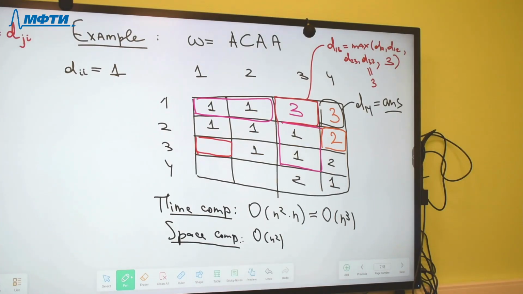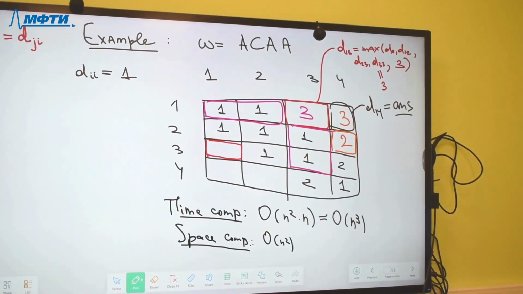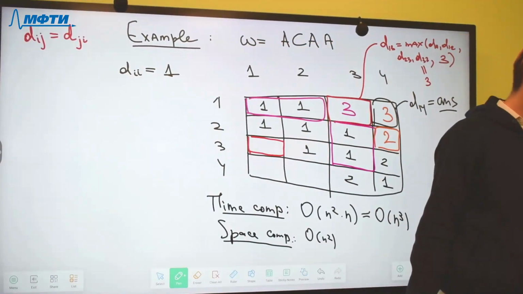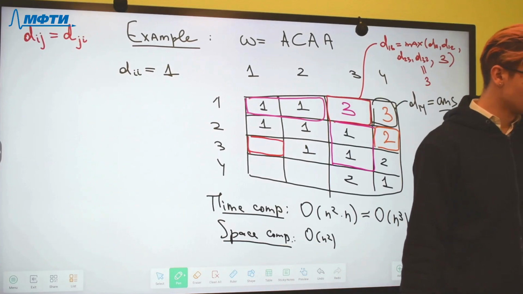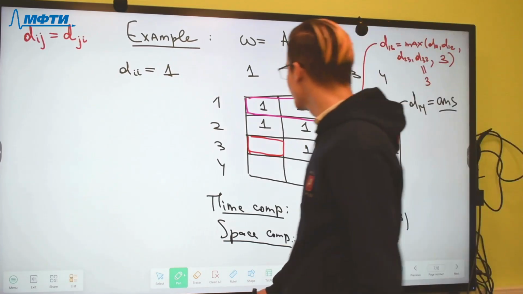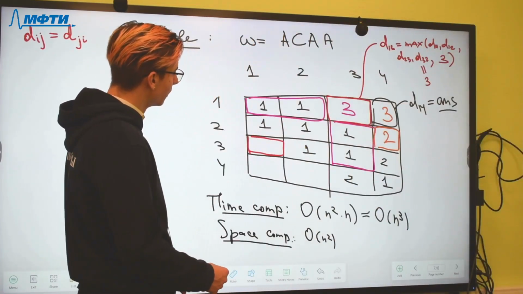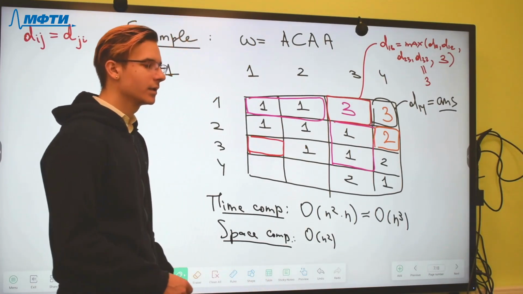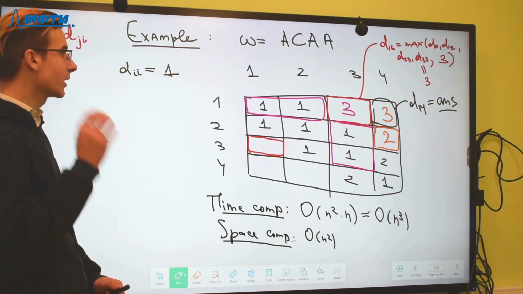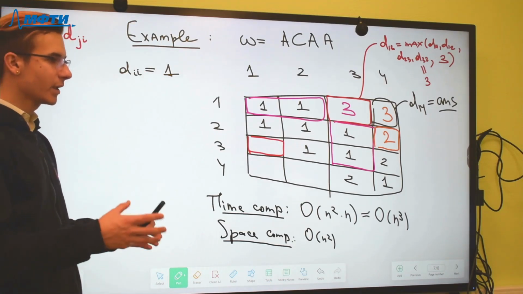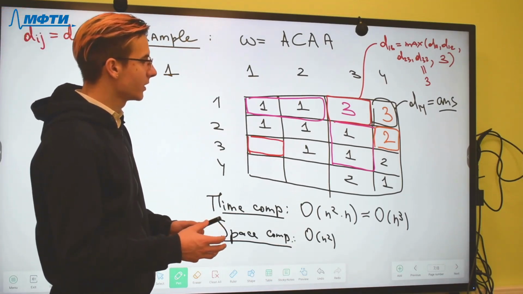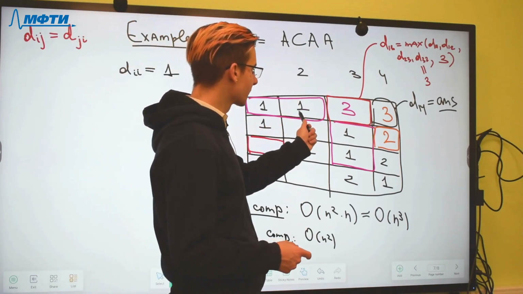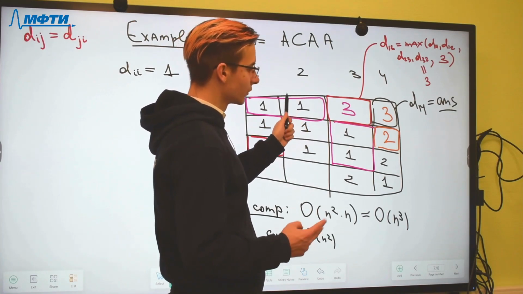Sorry, but for example, the cell in the matrix D21, how did we fill it with 1? According to what? With which indexes? D21, or for example, D43. It's two special cases. When we have two characters, we can compare them, and if they're equal, we set the number in this cell equal to 2.